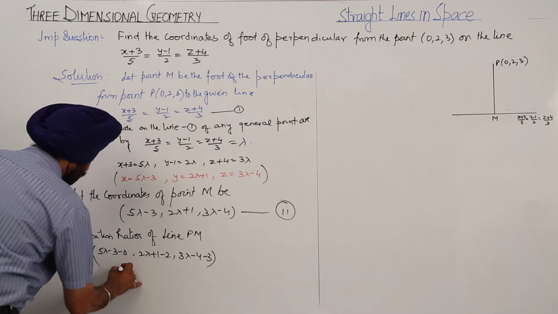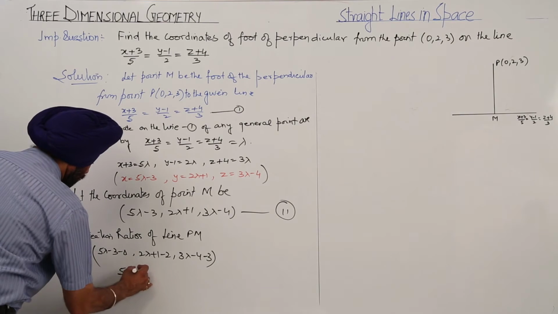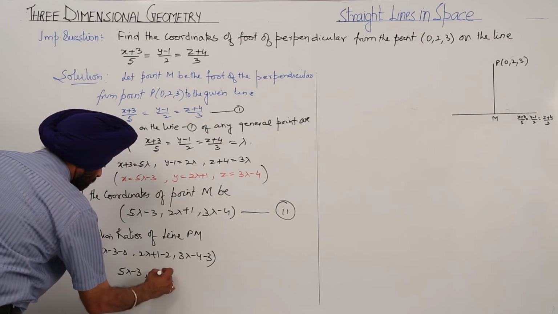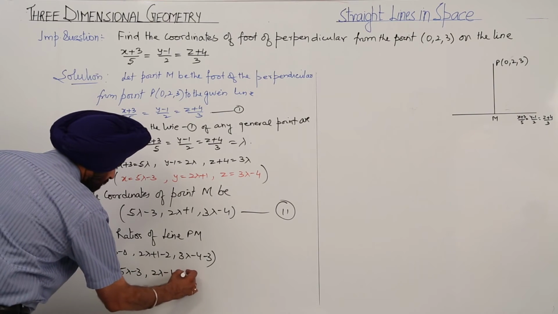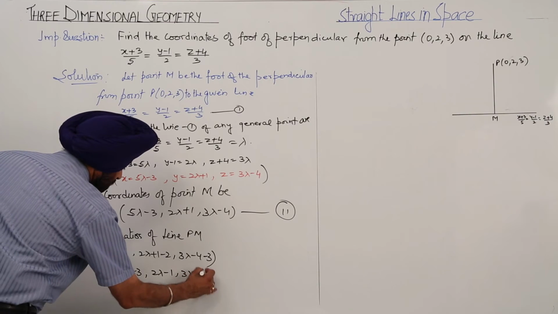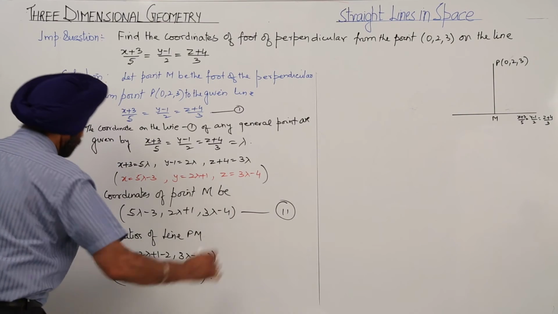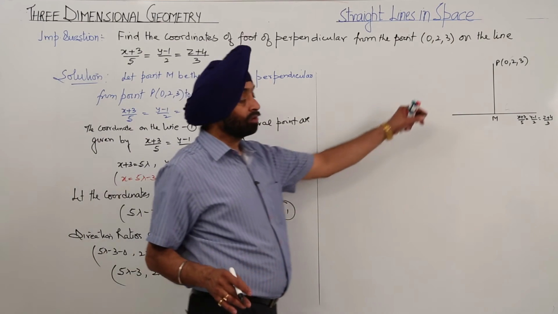So we have 5 lambda − 3, 2 lambda − 1 and 3 lambda − 7 as the direction ratios for the line PM.